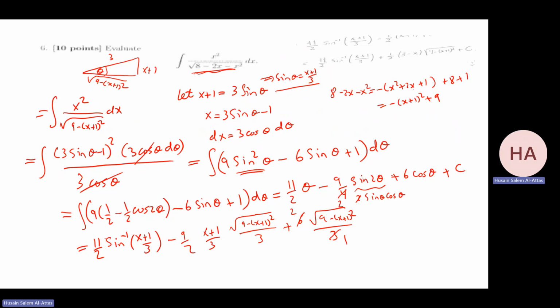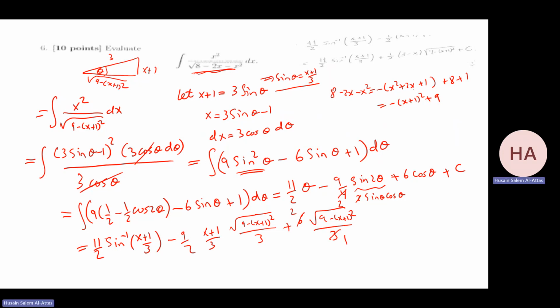9 sine squared minus 6 sine theta. That will be half minus this, minus 6 sine. That will be 9 over 2 minus 9 over 4 sine 2 theta. x equals 3 sine minus 1. So I plug in x.